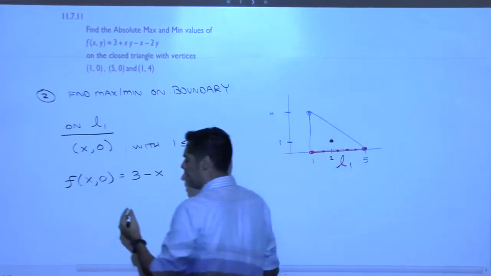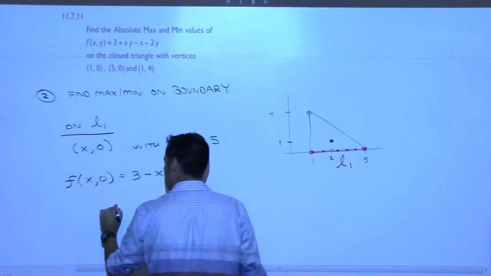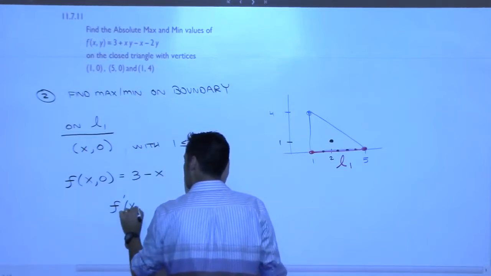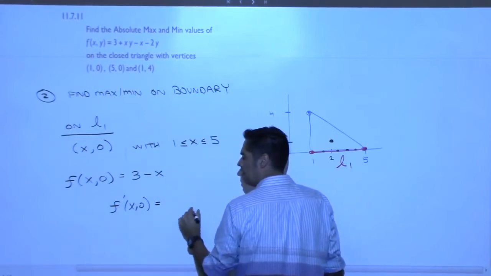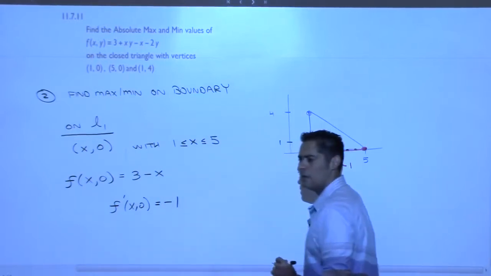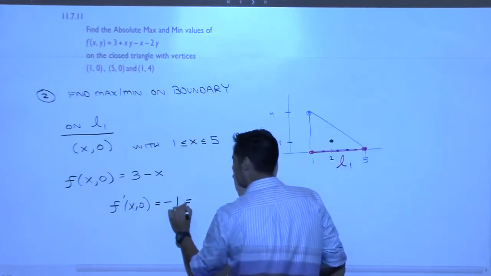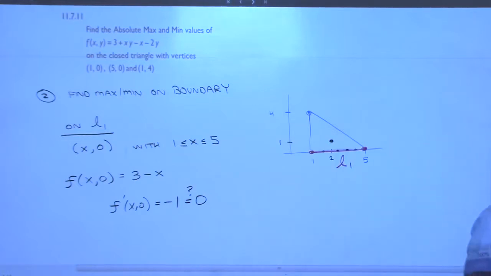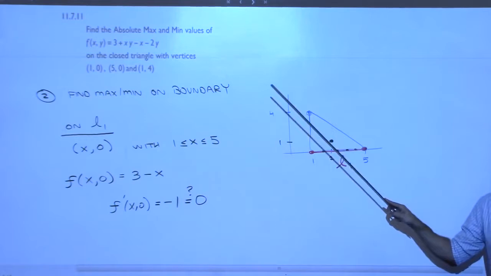I'm going to take the derivative of this. I'm going to indent this a little bit on purpose, because I'm still working in here. I'm just taking a quick derivative, and we're getting what for that derivative? -1. And I'm asking myself, when is that 0? Never. Well, that makes sense. Remember we said when we plugged that line in, it gave us a line?